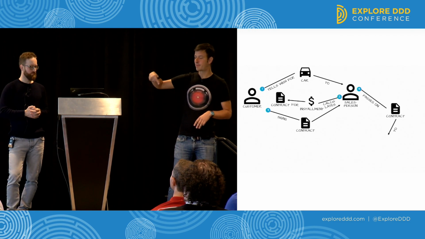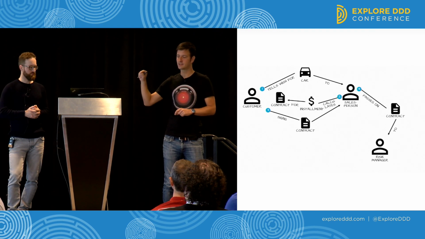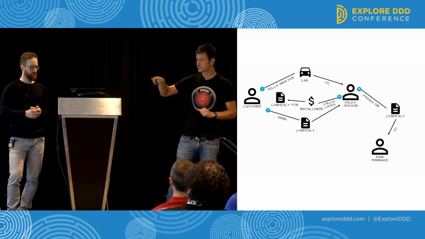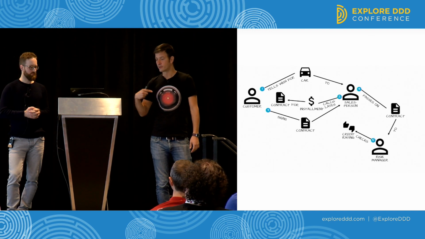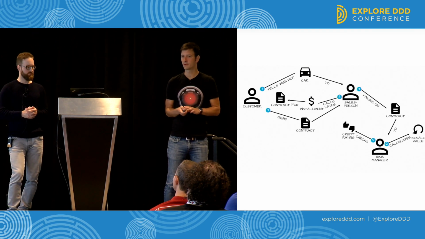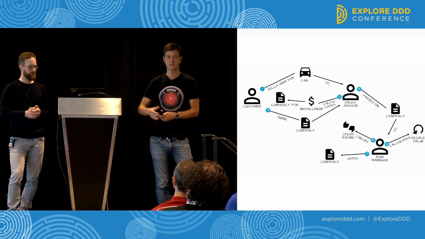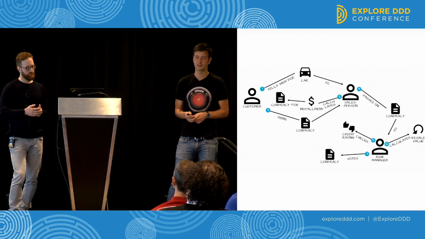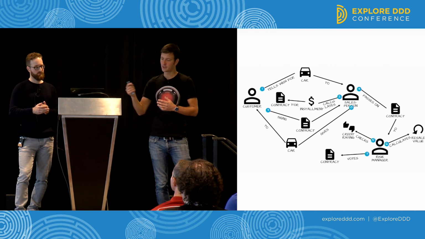Then the salesperson passes the contract on to a risk manager, because the customer signed the contract, but he can't get the car yet. The risk manager first checks the credit rating of the customer and then calculates the resale value of the car. If he has done this, then he votes on the contract. So he says, yeah, the risk is low enough, or no, the risk is too high. And then, in the end, the salesperson gives the key or the car to the customer.